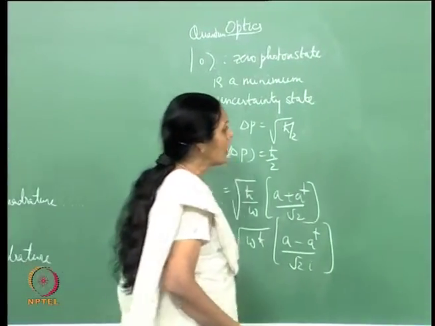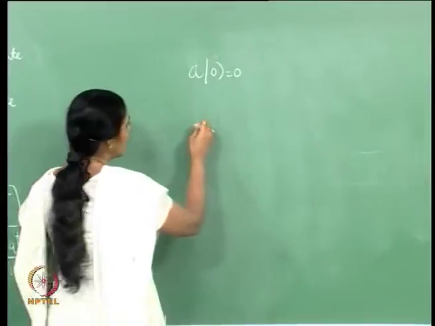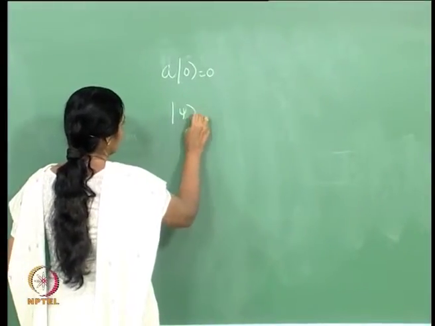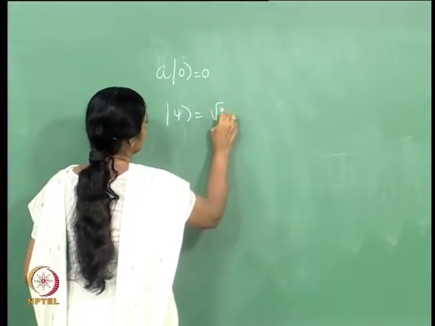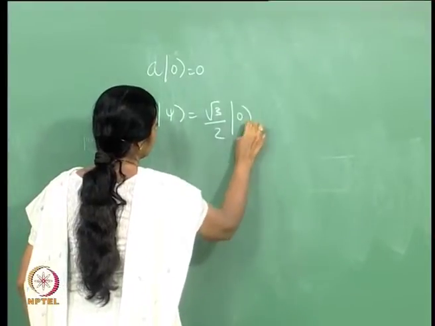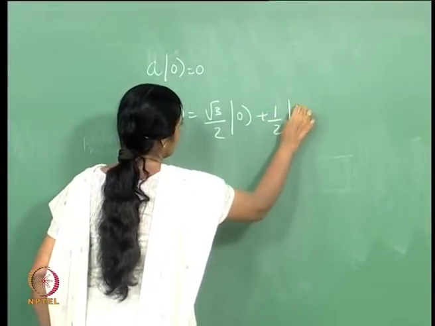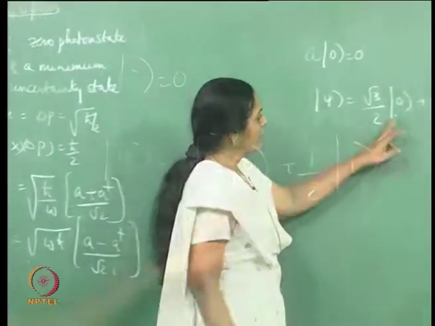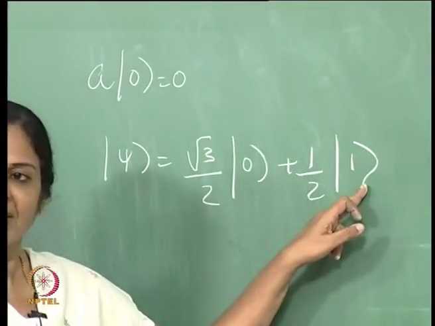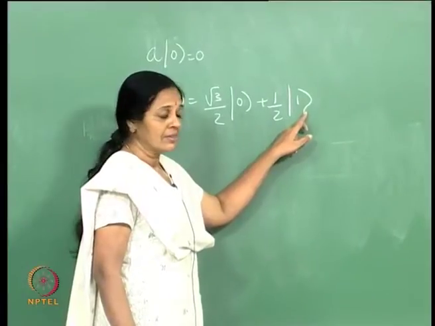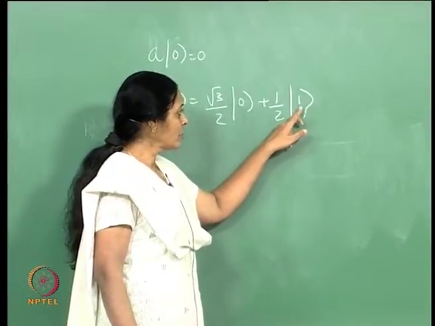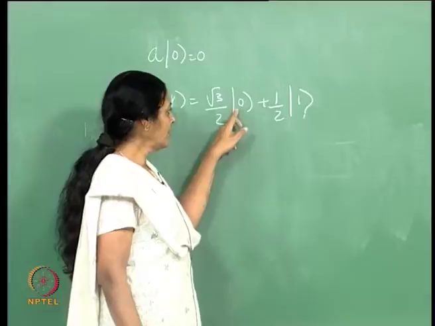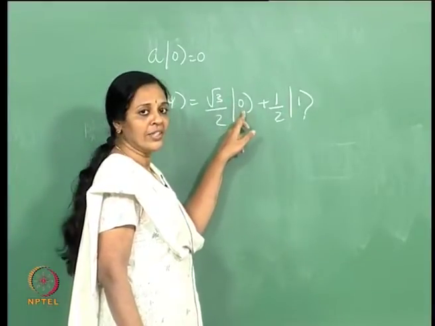Now let us look at a superposition of photon number states. Let us consider this state. I consider a superposition of the 0 photon state and the 1 photon state. The 1 photon state was got by acting a dagger on ket 0.